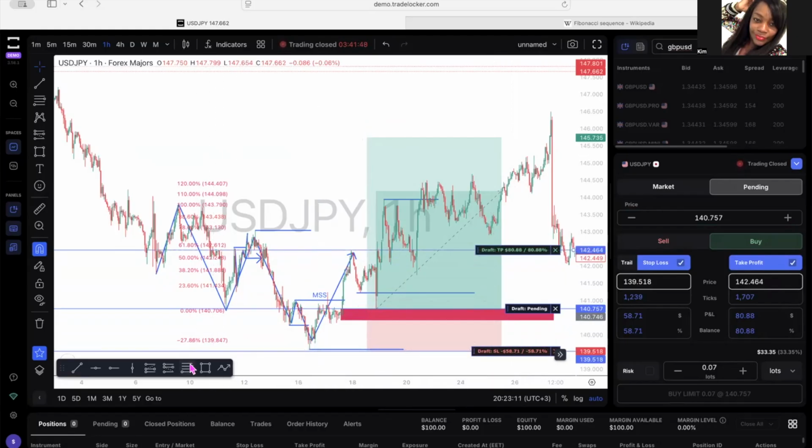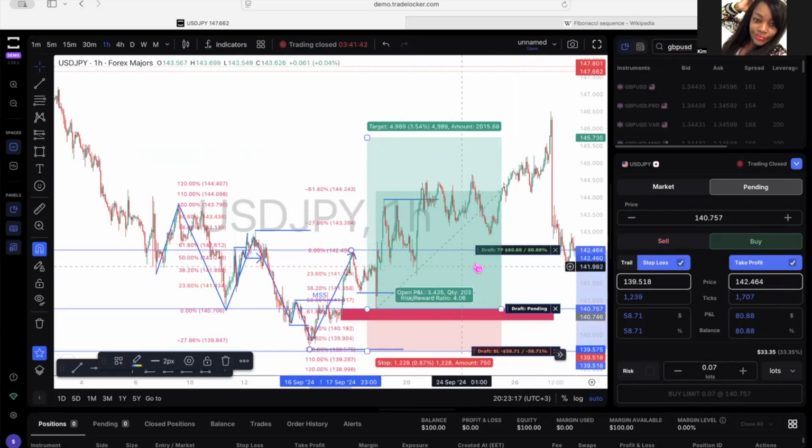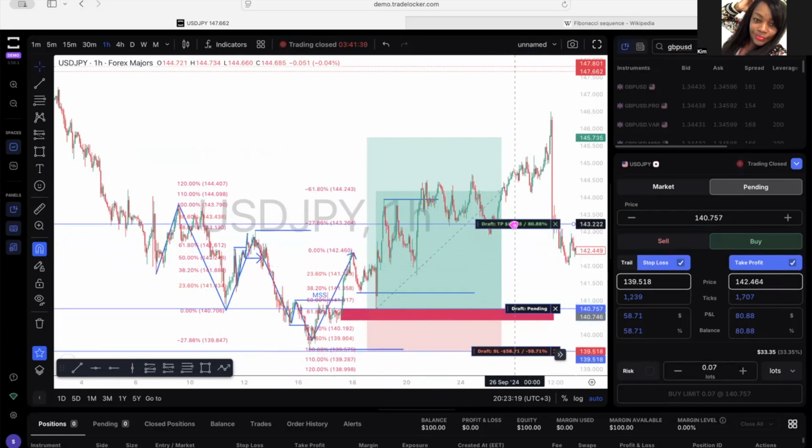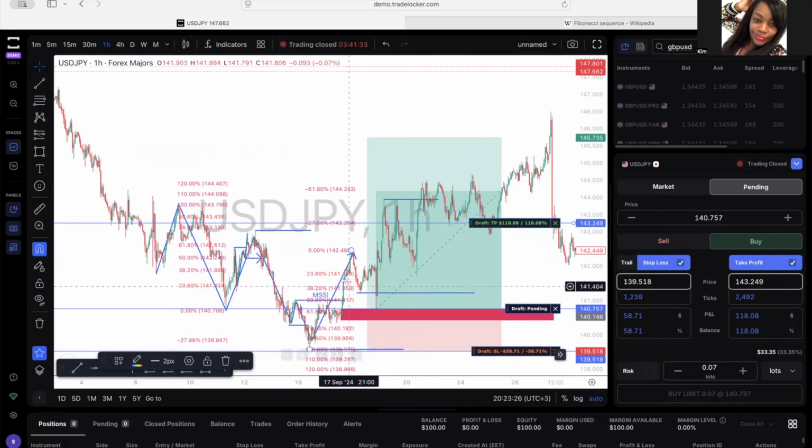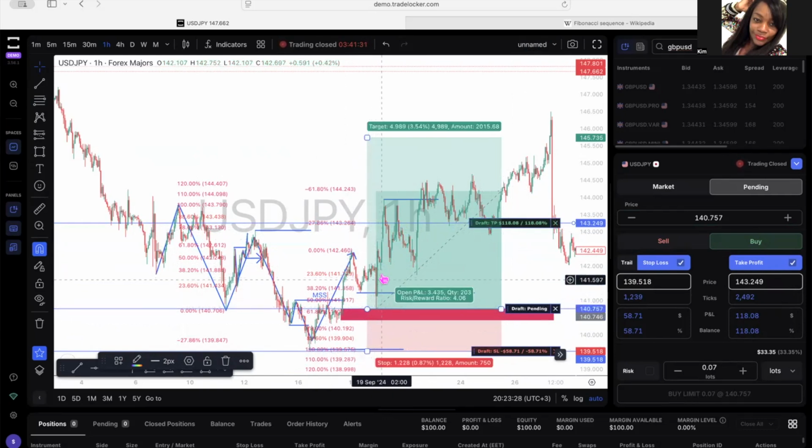If you decided you wanted to use the fib and take it to the negative 27, that's $118. So once price came here and went up here, it will take you out of the trade for $118.